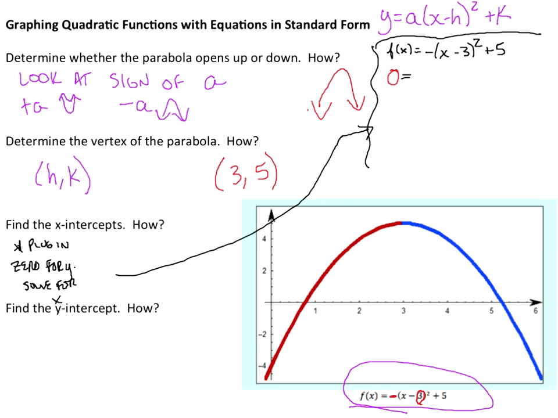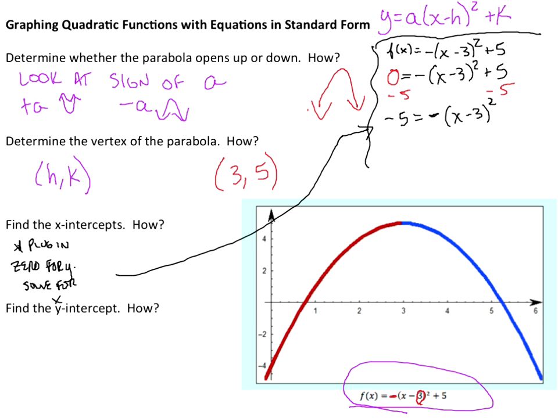I'll use the square root property instead. So I have negative (x minus 3) squared plus 5. I would then subtract 5 off of both sides. And that gives me negative 5 equals negative (x minus 3) squared.